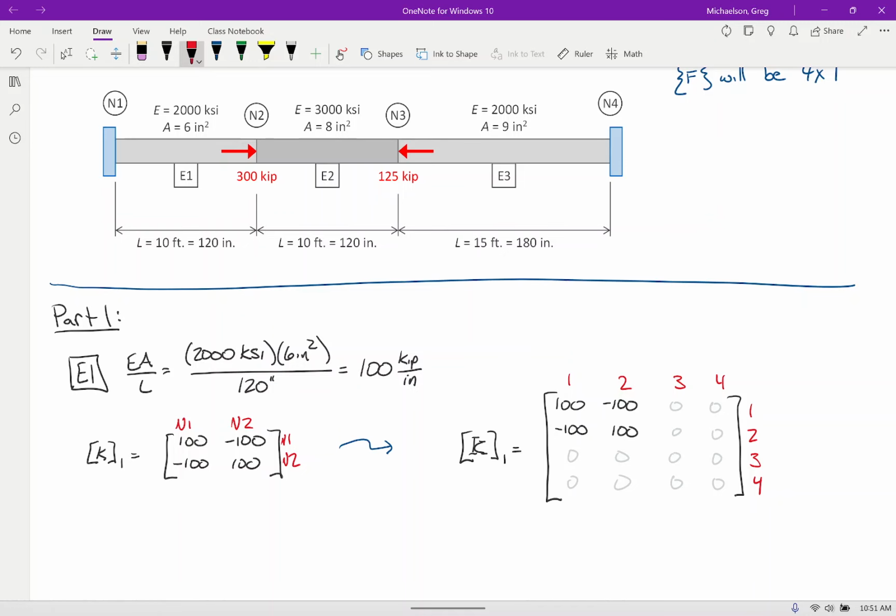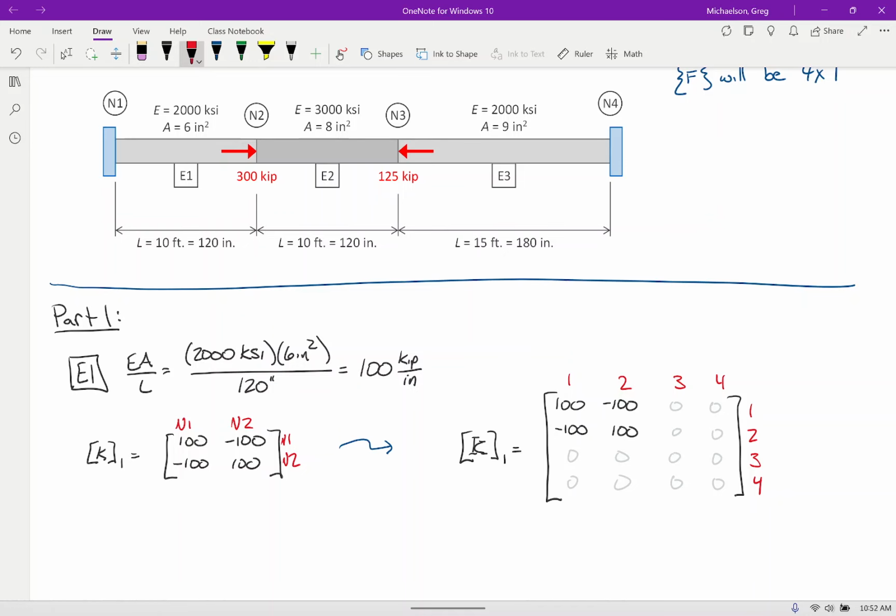What this is basically saying is that this bar is not connected over here, so it's not contributing to the stiffness of the system over there, right? What I'm saying is that we're going to do this for element 2, do this for element 3, and then we'll add these up, and that's assembly.